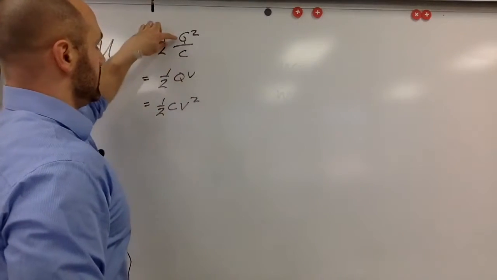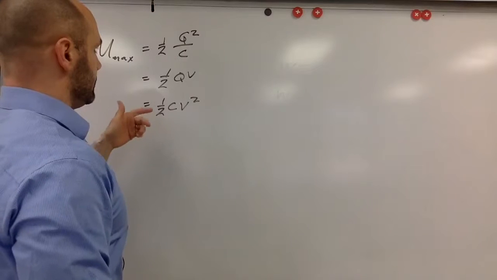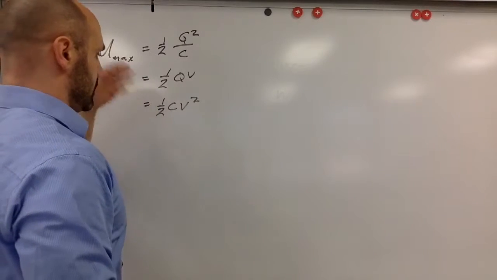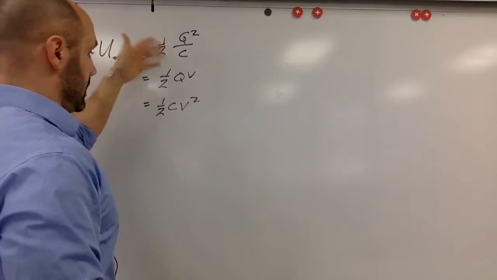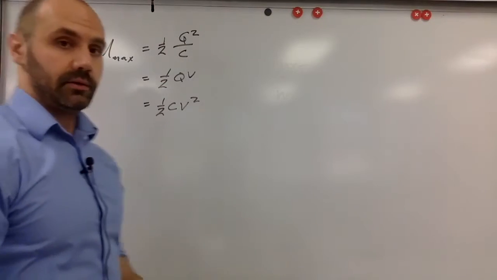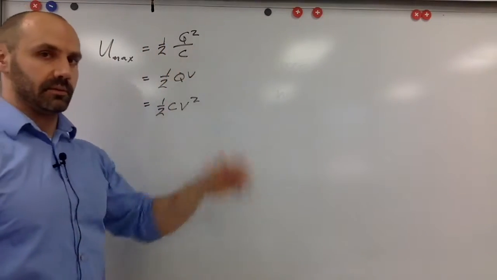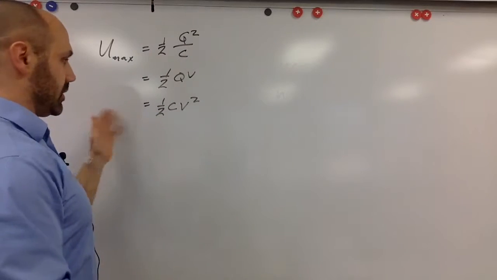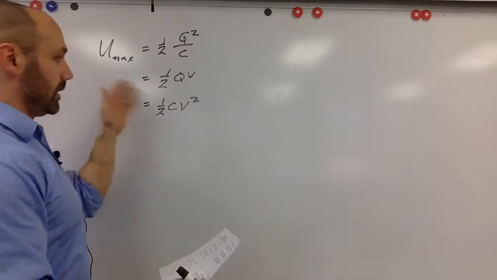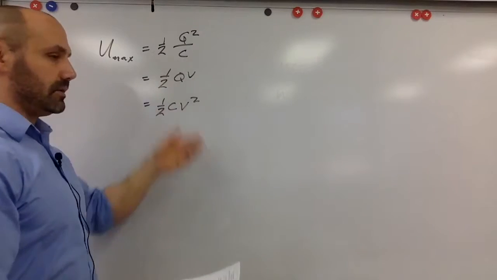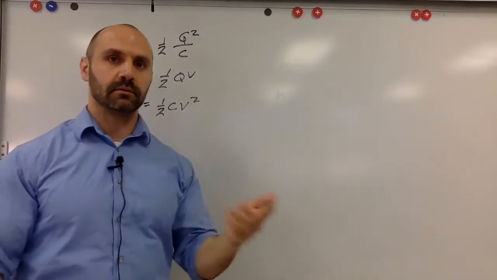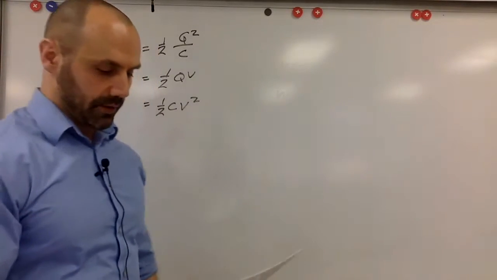If we put in Q equals CV, we get all these different expressions. I would say pick one of these three and memorize it. Just commit it to memory. Stored energy is 1/2 CV squared, or 1/2 QV. You can get the other forms of it just by substituting.